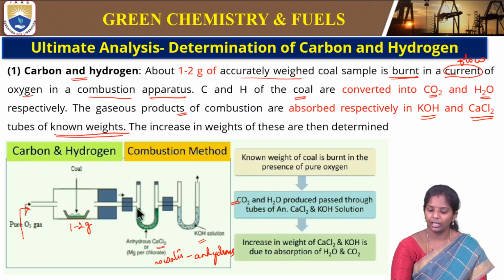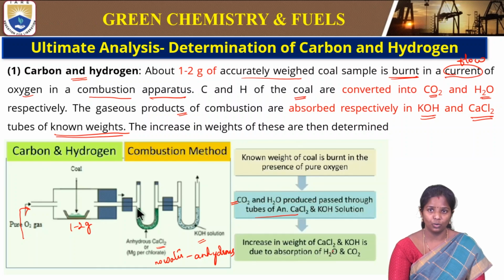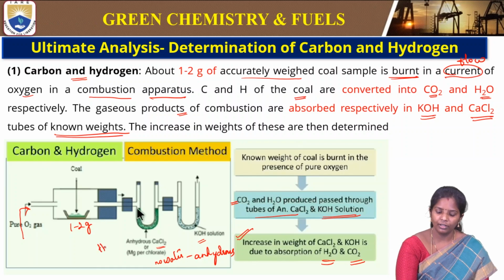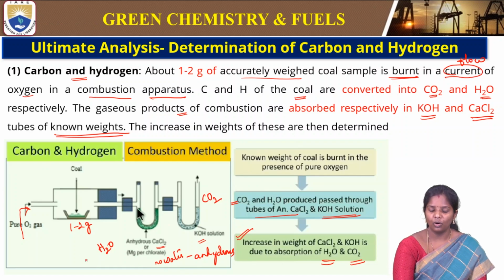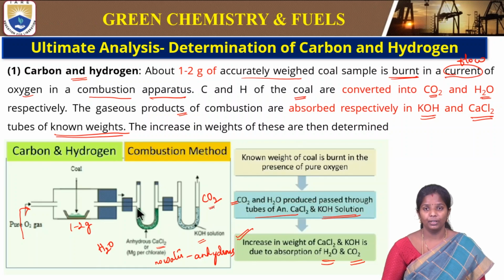The carbon dioxide and water produced pass through the tubes of anhydrous calcium chloride and KOH solution. When it is passing through these tubes, there will be an increase in the weight of the calcium chloride and KOH tubes due to absorption of water and carbon dioxide. Here water will be absorbed, and in KOH carbon dioxide will be absorbed.